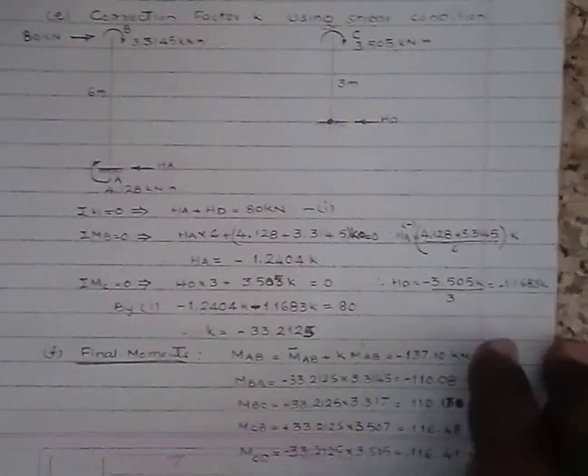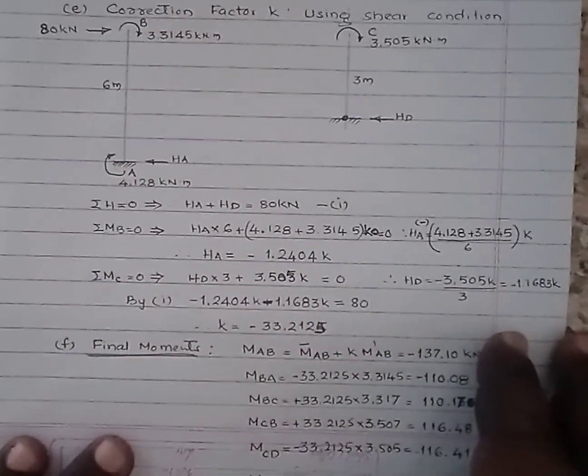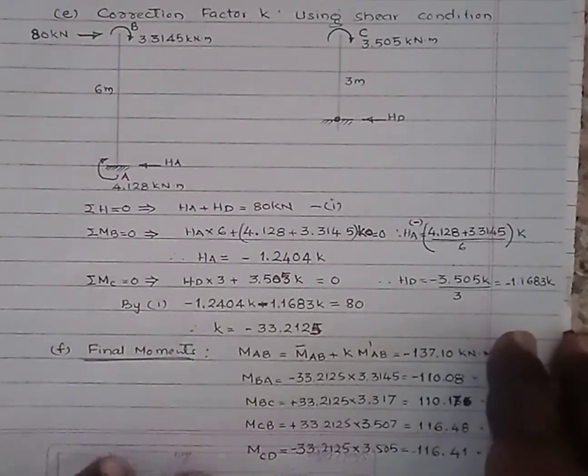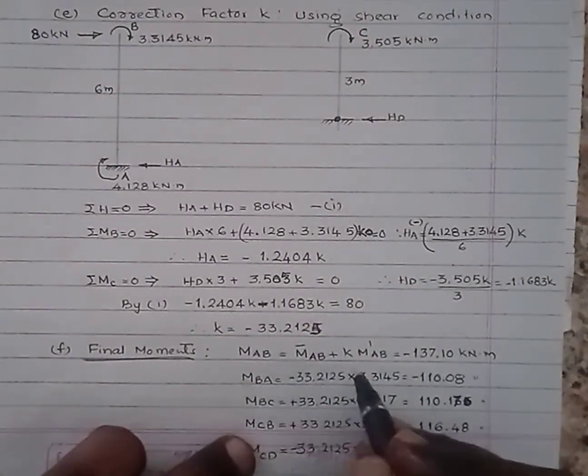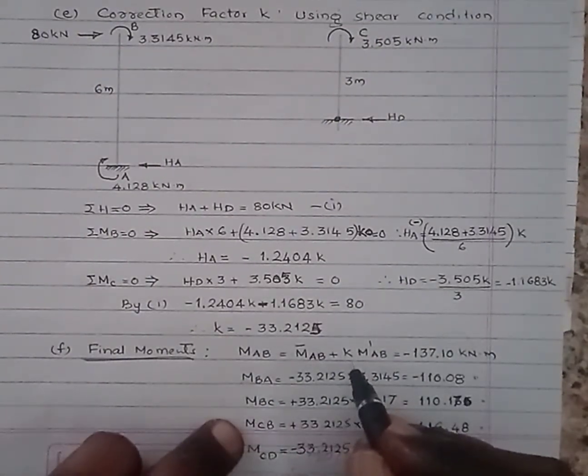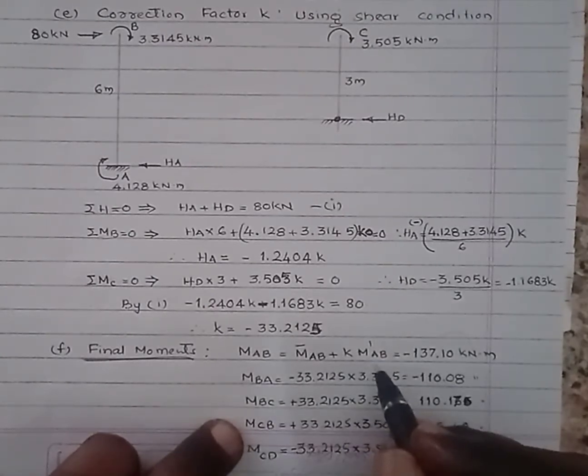Then the final moments. MAB equals M bar AB plus the correction factor into M dash AB.